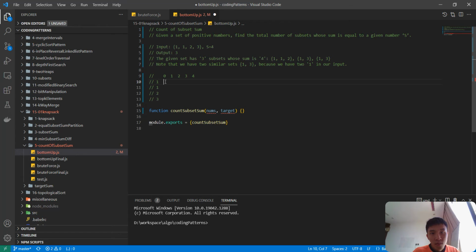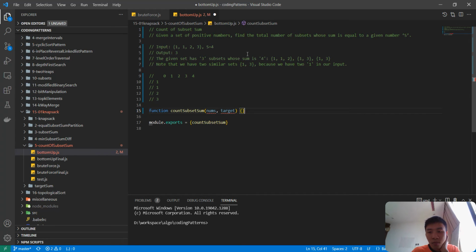So our goal now is to fill up our table from left to right, from top to bottom, and each cell will be the answer for a subproblem.